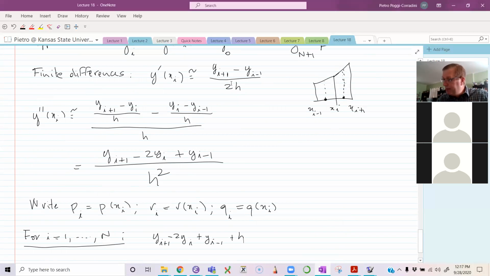So I'm going to have h p_i over 2, where I'm using this 2 here. And then that will be times, oh, and there was a minus. There's a minus in front of it. Right, that's this term here.